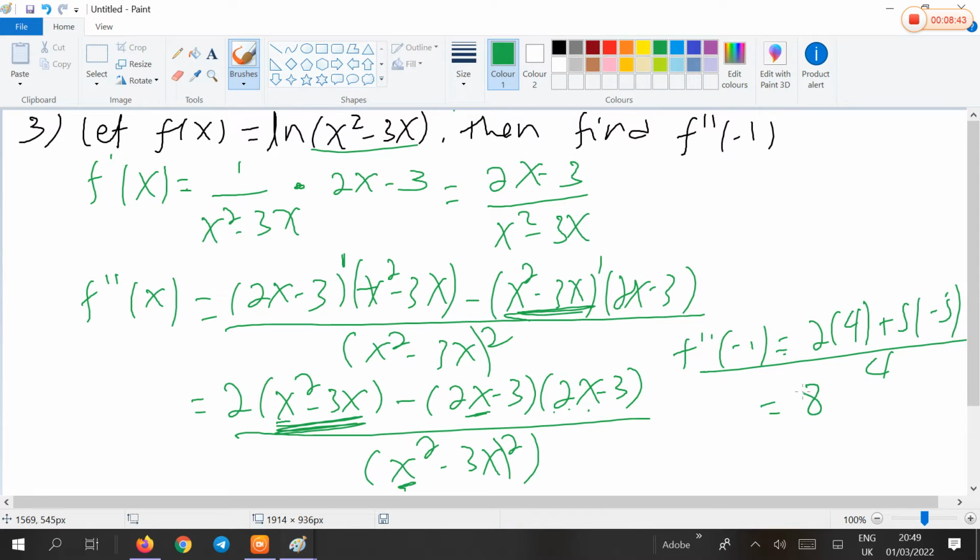So 8 minus 10 over 4, or minus 2 over 4, or minus 1 over 2.